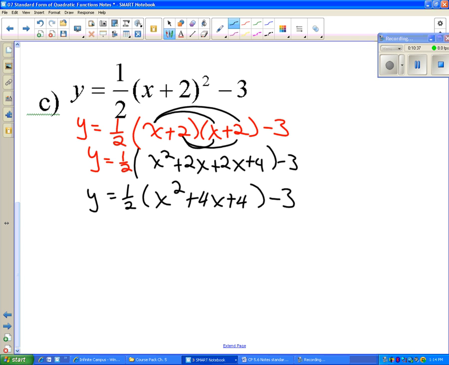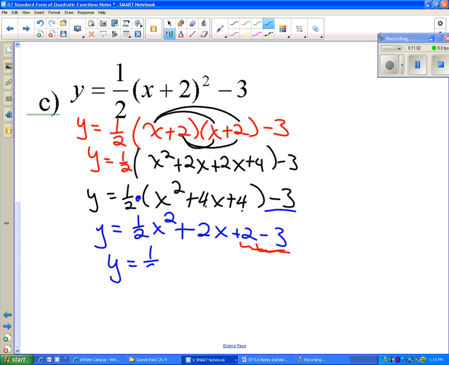I have to distribute that 1/2 first before I can subtract a 3 because multiplication always comes before subtraction. y is equal to 1/2 x squared plus half of 4 is 2x. Half of 4 is 2, minus 3. Now I can combine like terms, and I get y is equal to 1/2 x squared plus 2x minus 1.